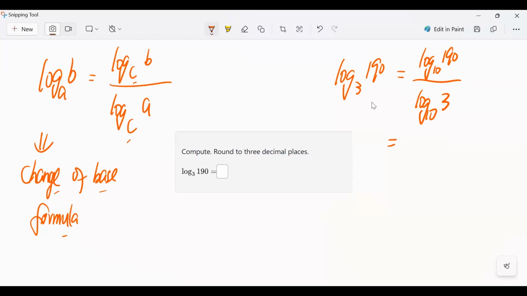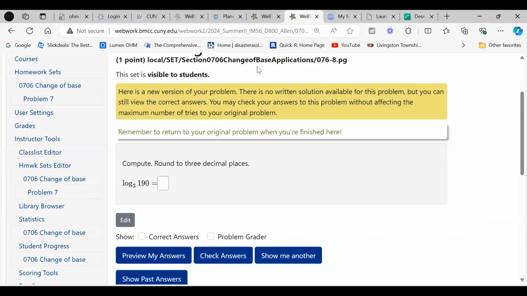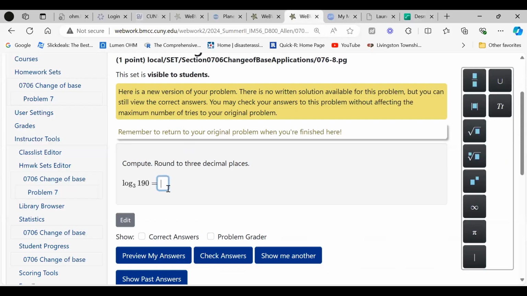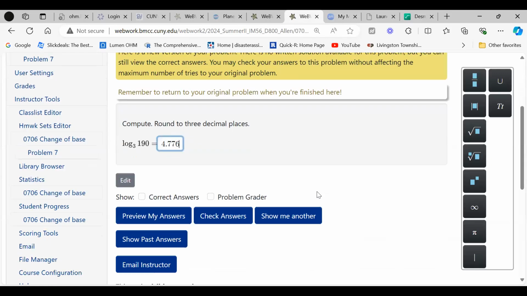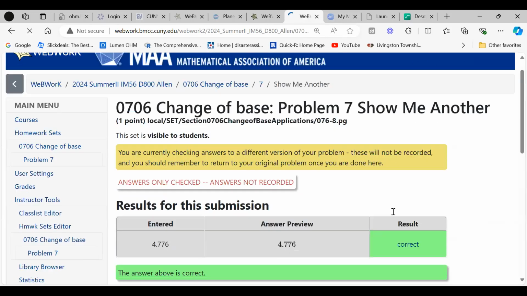Approximately equal to 4.776. That's what we want. And then go back. 4.776. Correct answer. It's good, right?